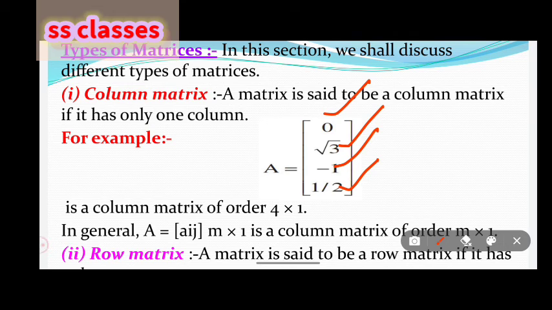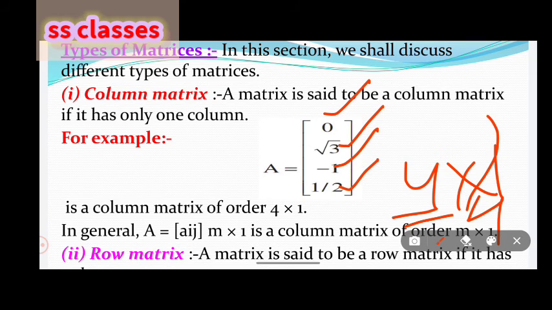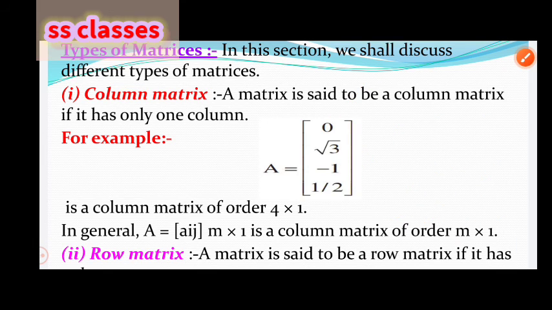It is called a column matrix. The order is 4 into 1, equal to 4, that means this matrix order is 4. It is a column matrix of order 4 into 1.